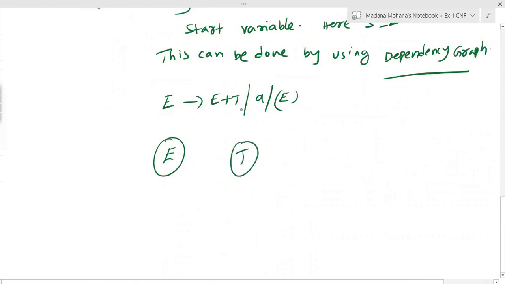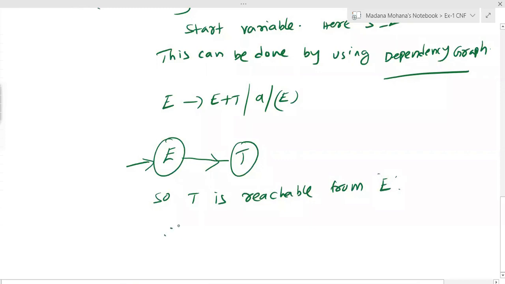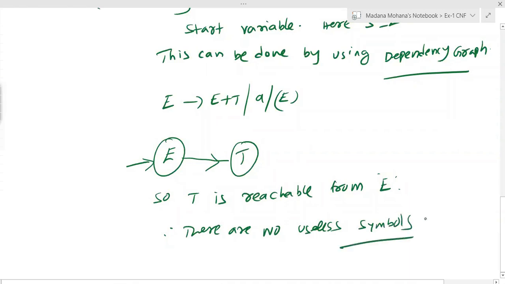Other than E, the new variable is T. E is the starting variable; check whether there is a path from E to T. Yes, T is there on the right hand side, therefore there is a path. So T is reachable from E. Therefore there are no useless symbols, which means automatically no useless productions either.